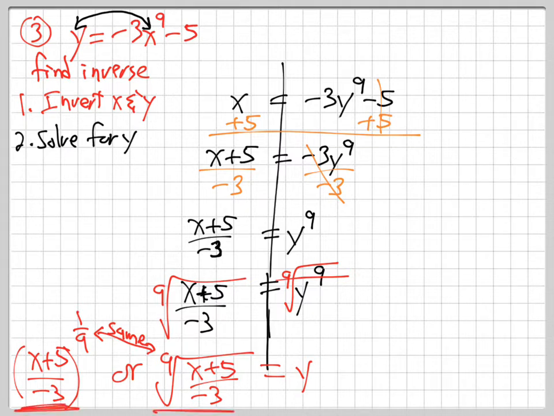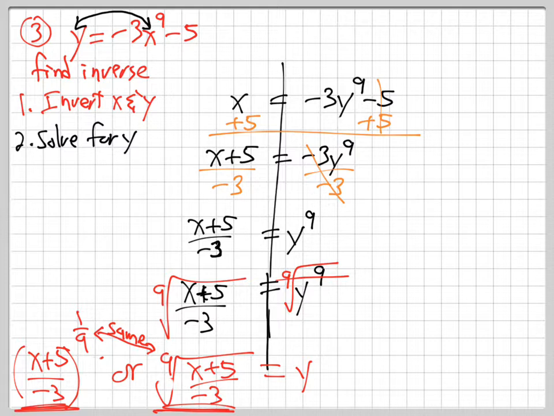They could put the answer this way or that way. Both are good, and the homework system knows those are the same. It'll take either answer, and on the multiple choice exam, they might have it one way or the other. Make sure you know both ways so you are not confused on that. A 9 in the hook right here is the same as a 1/9 power. So 1/9 power is the same as a 9th root.